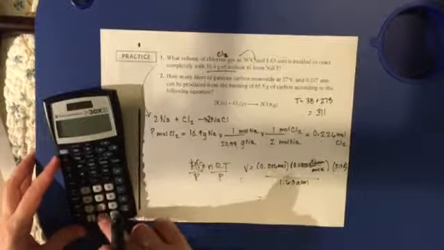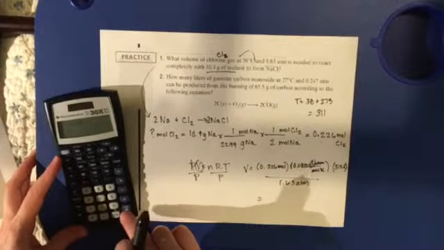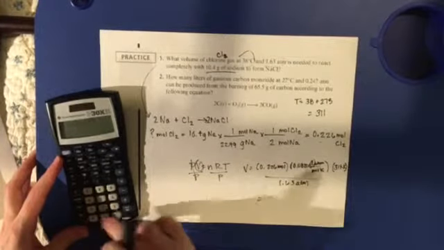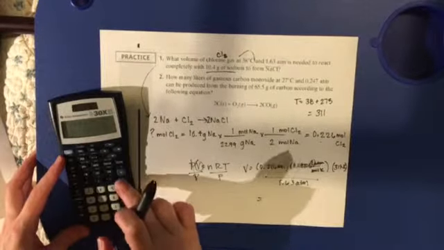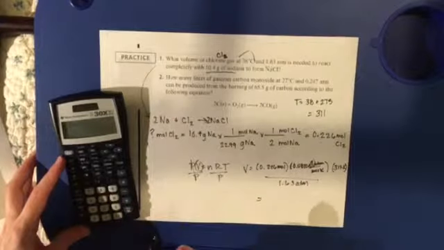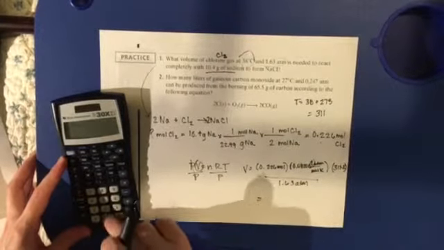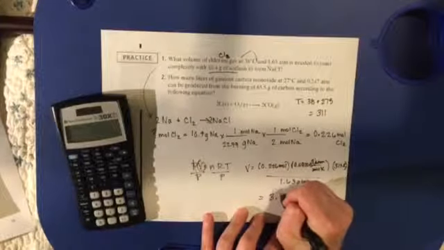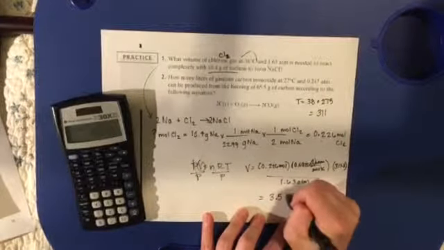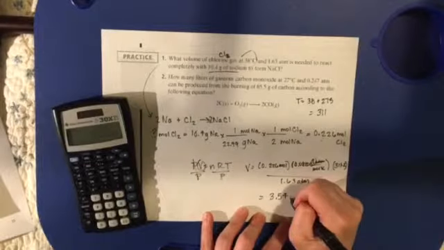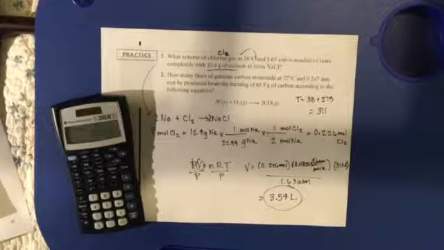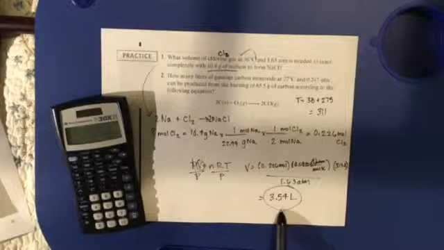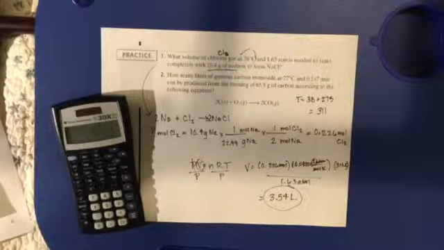And so 0.226 times 0.08206 times 311 divided by 1.63 equals 3.54 liters. So that is how many liters of chlorine would be required to react with all of the sodium.